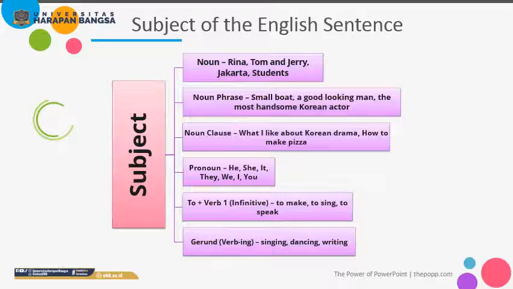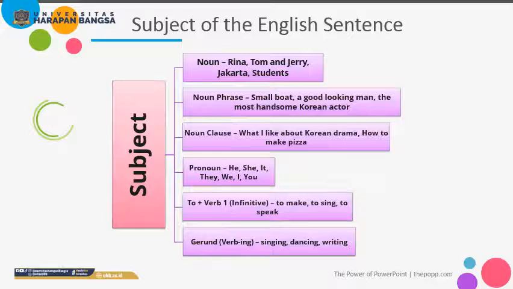Yes. And it can be in the form of singular noun or plural noun. It can be human or non-human. For example, Rina, singular, human.